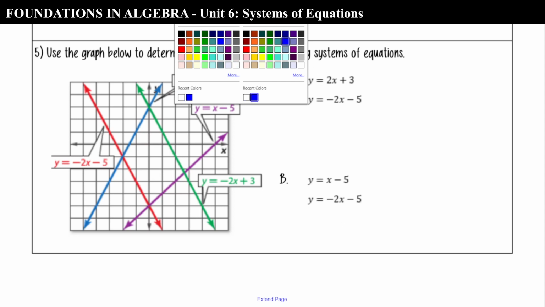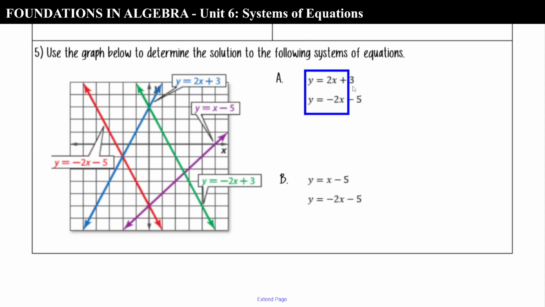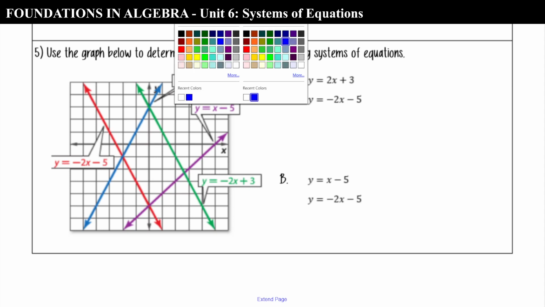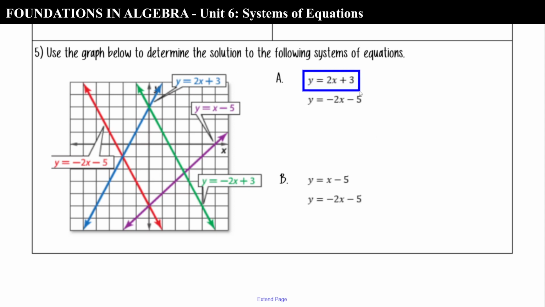So this first one, all right, this is our blue line right here. The other equation, negative 2x minus 5, that's going to be our red line.